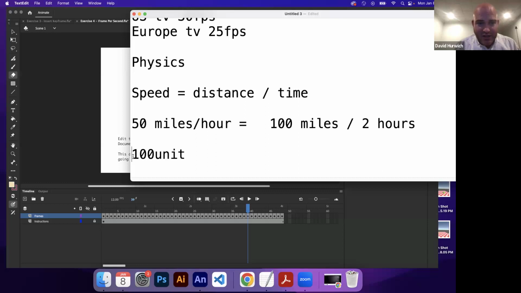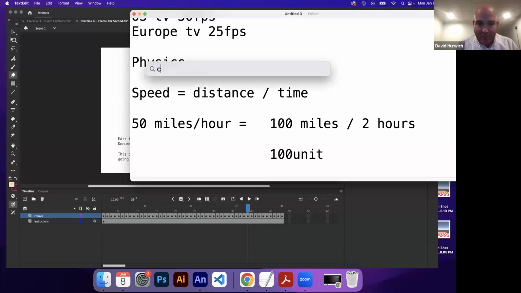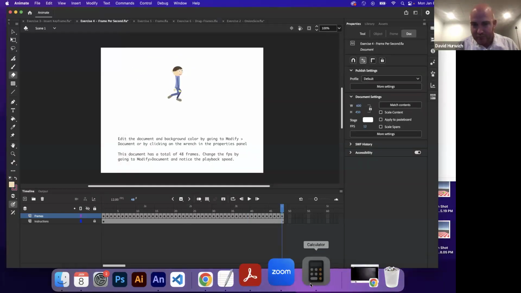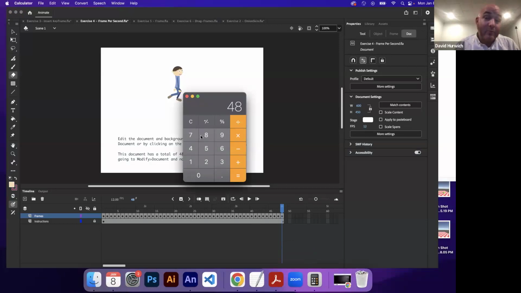Now, the first time we had a frame rate of 24 frames per second. Let's do out the math real quick. If you have 48 frames total, which is what I have, and a frame rate of 24 frames per second, divide by the frame rate and you have 2 seconds of animation.